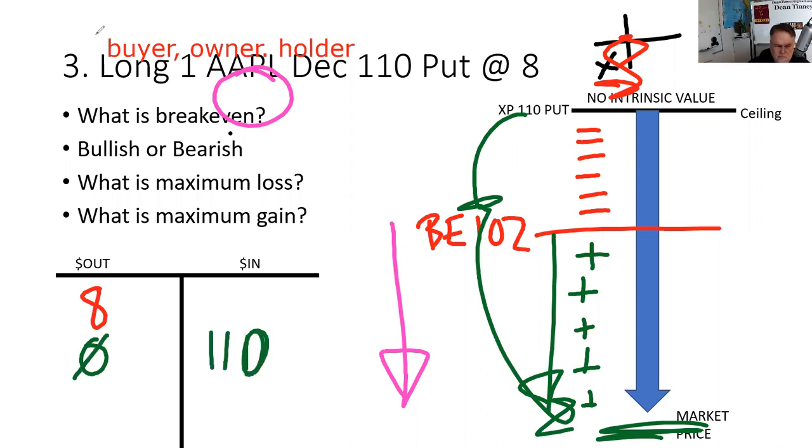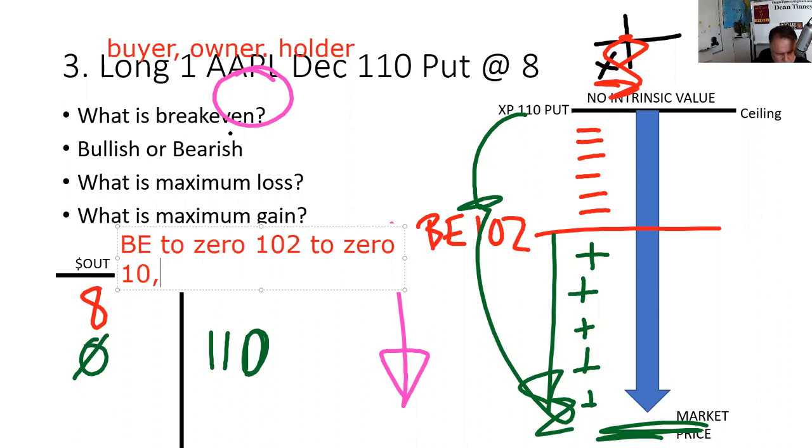So my maximum gain is when the stock goes from the break even, in this case 102, to 0. That would be my max gain, 10,200.